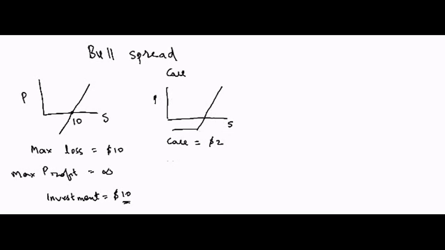Here the maximum loss is equal to $2, and max profit is again equal to infinity, and the investment here is equal to $2, right? So I hope this is very clear.